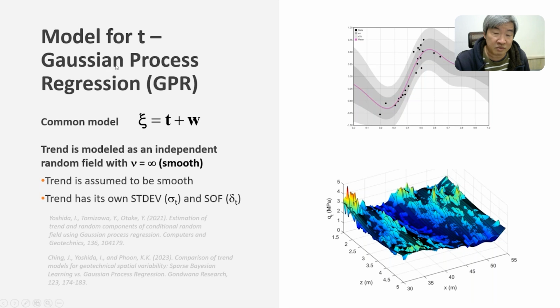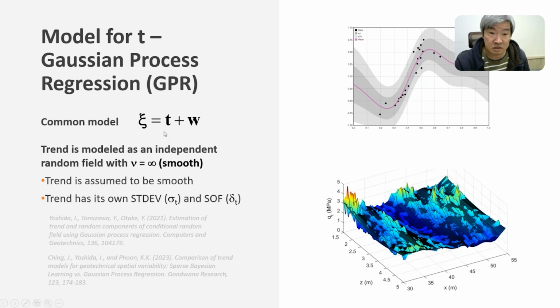Gaussian process regression is actually a quite well-known regression method in machine learning. This is one picture that I copied and pasted from Google. This is a one-dimensional Gaussian process regression for the data. You see, this is the regression result for those dotted data.